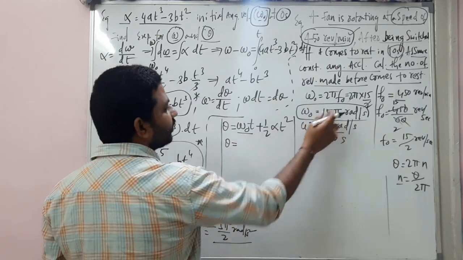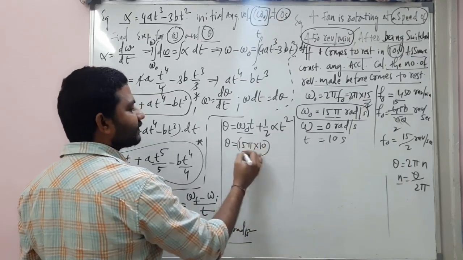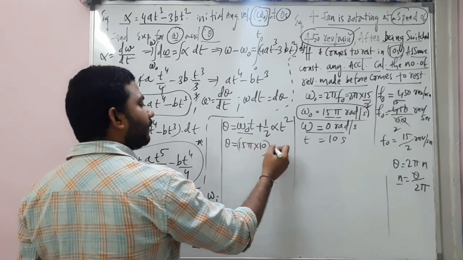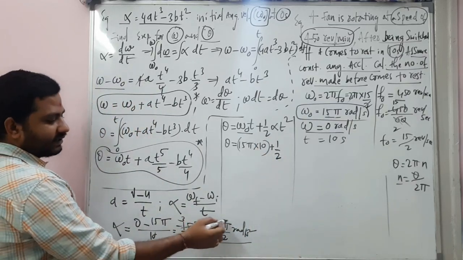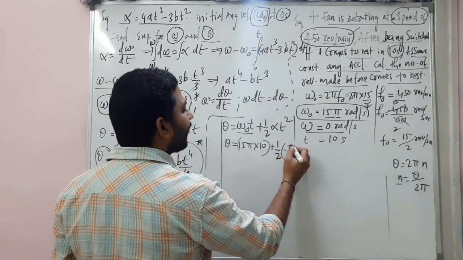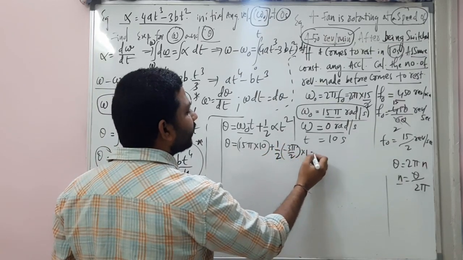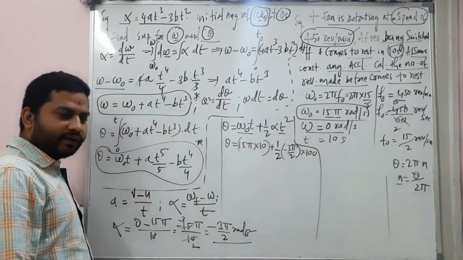So theta value is equal to omega naught into t. What is omega naught? See here, 15 pi into 10, plus half into, what is alpha here? Look here, minus 3 pi by 2, into t square, which is 100.